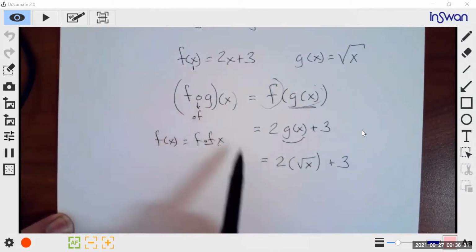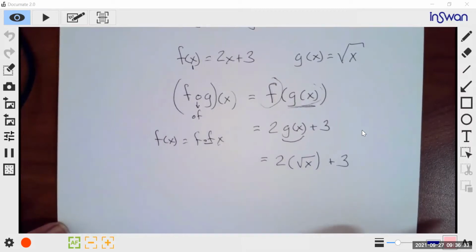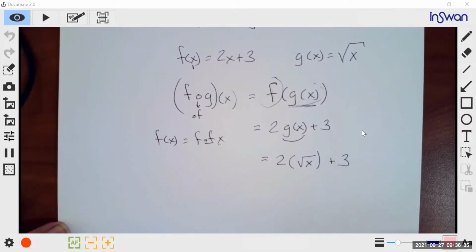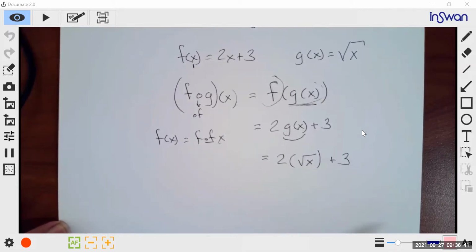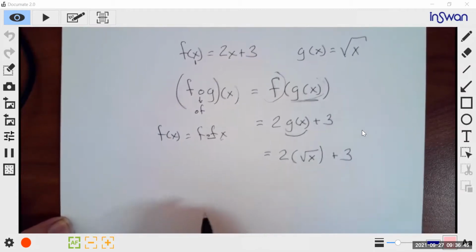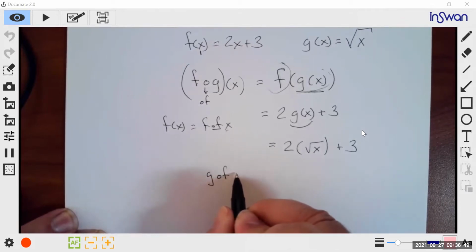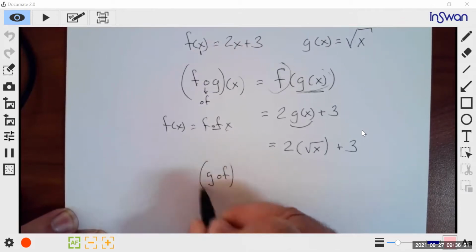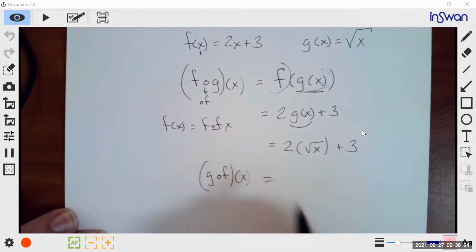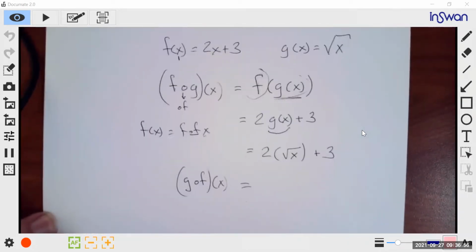So there you have f of g. Work that one out with the same functions you have. Goff.